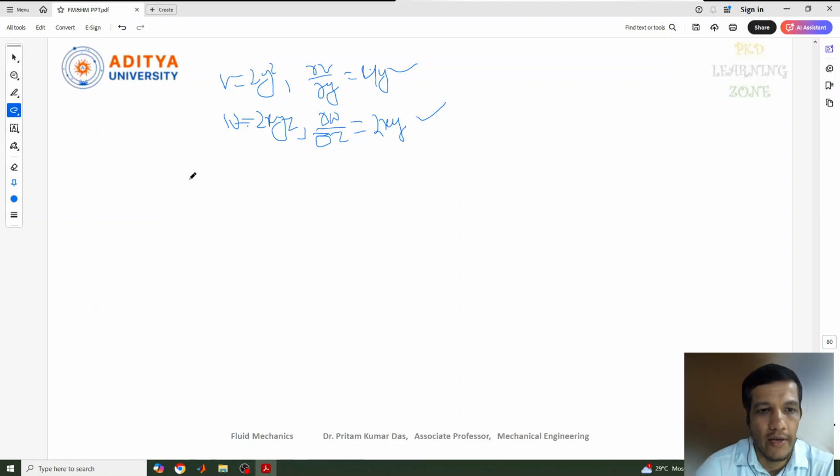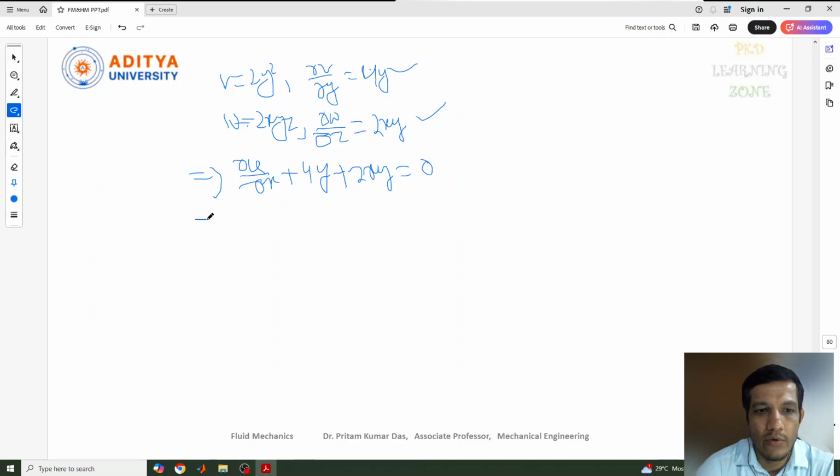As per the equation we know that del u by del x, so let's write del u by del x, then del v by del y. Del v by del y we got here as 4y. Similarly plus 2xy equal to 0 we can write.